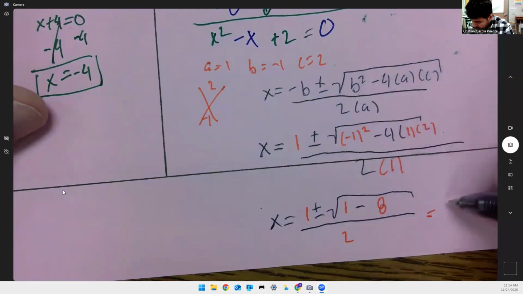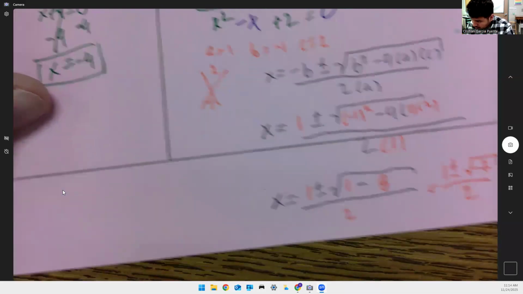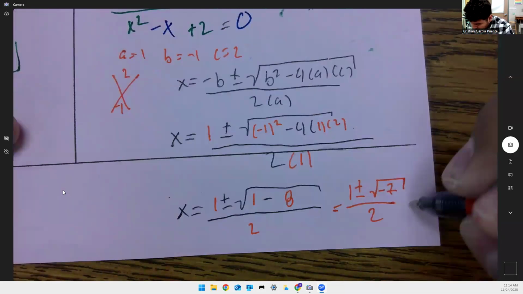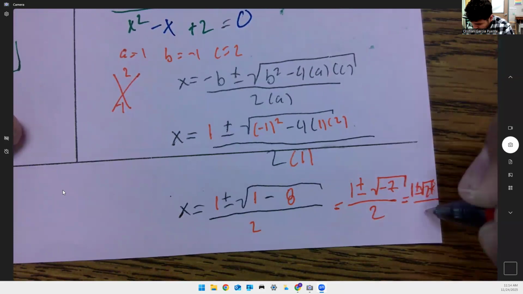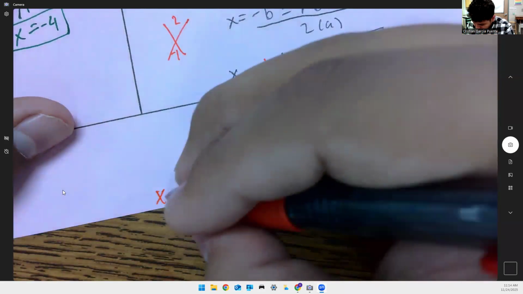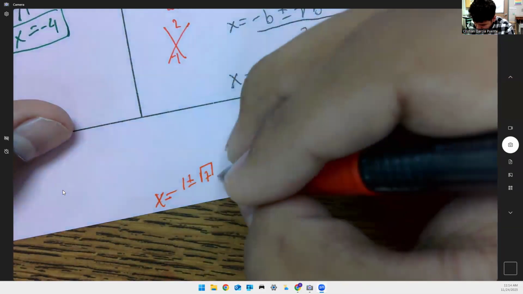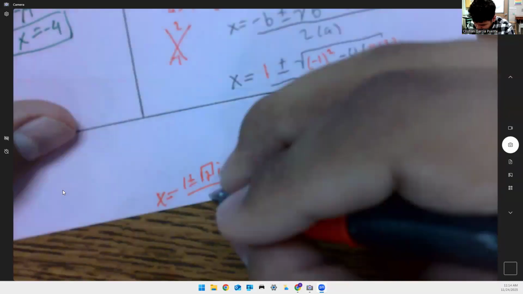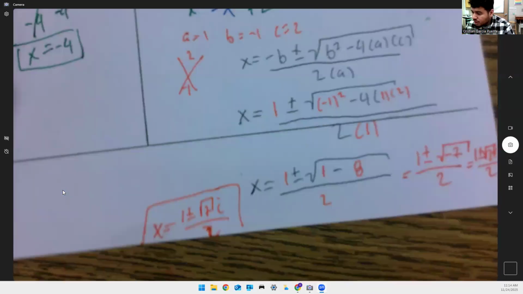But this here is just 1 plus or minus the square root of negative 7 all over 2. And that there is just the same thing as 1 plus or minus the square root of 7i all over 2. So I'm writing it down here. So x is equal to 1 plus or minus square root of 7i over 2. And you're done.